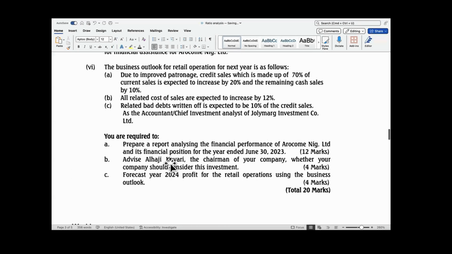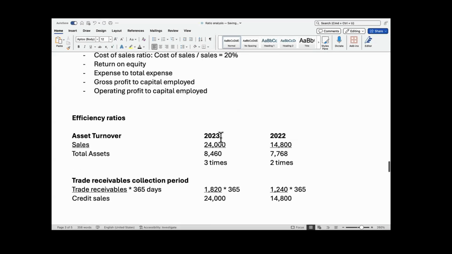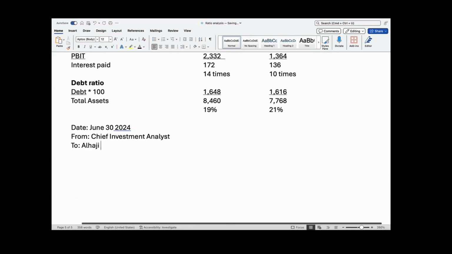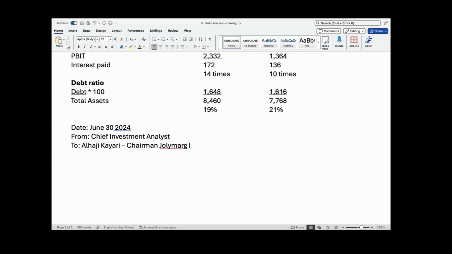Yes, Alhaji Kyari, who is the chairman of Jollyman Investment Co. Alhaji Kyari, the chairman, Jollyman Investment.